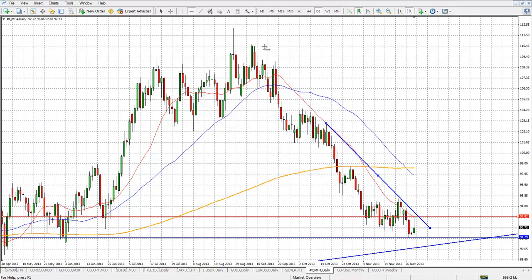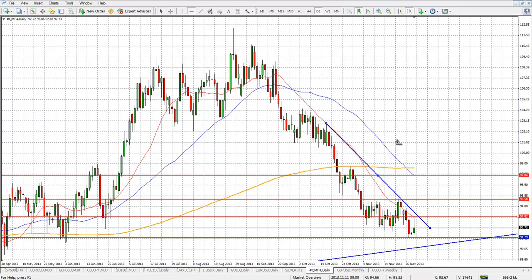Alternatively, if we break out higher, then it's logical to assume that any of these previous highs around 95.50 and definitely around here 97.84 and 98.55, which is very close to this 99 level that we tested in the past on many occasions, would act as logical levels of resistance on the way up.